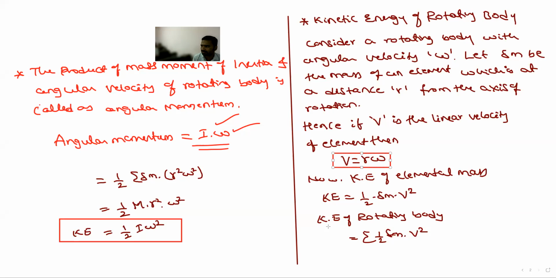This derivation is not asked, but you should know the relation between angular and linear velocity, the kinetic energy for linear motion, and the total kinetic energy for the rotating body, half I omega square.